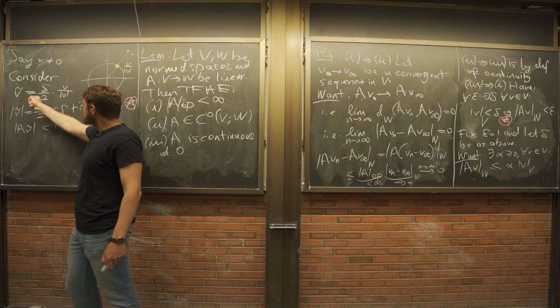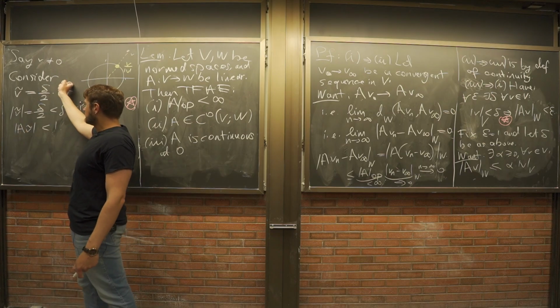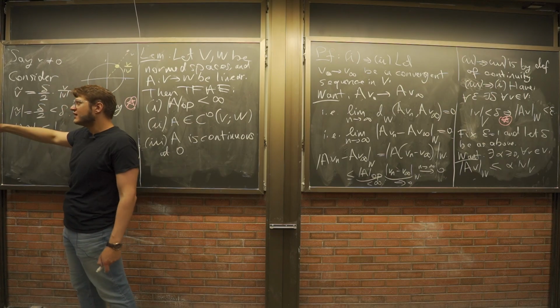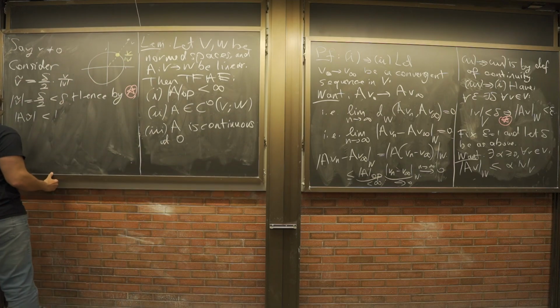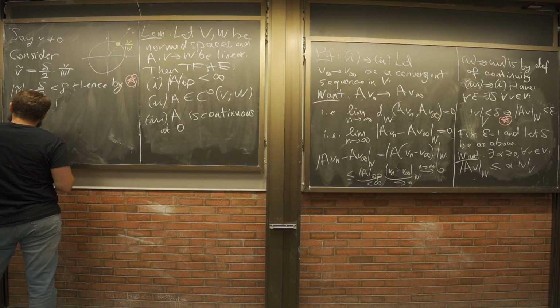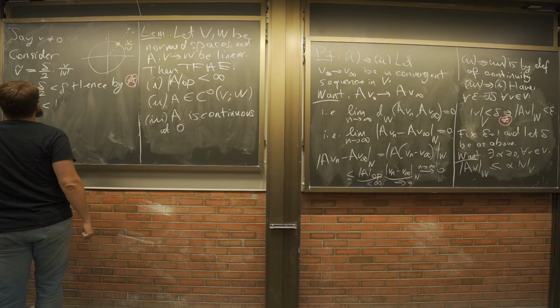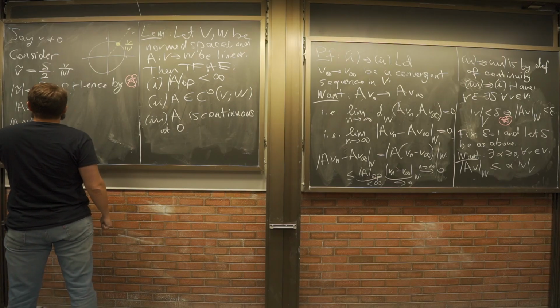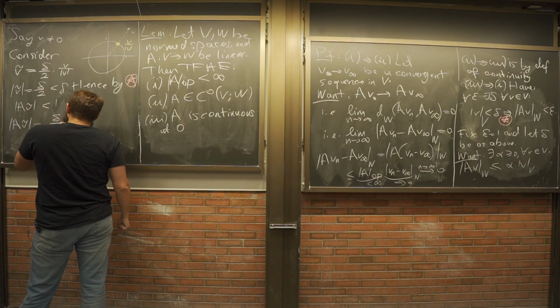Remember, V tilde is nothing but a scalar multiple of V. And because A is a linear transformation, I can take the scalars out. So this is delta divided by 2 times 1 over V norm.